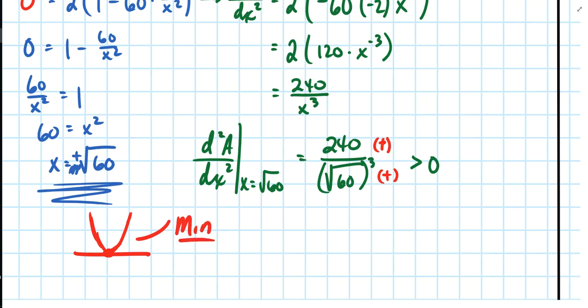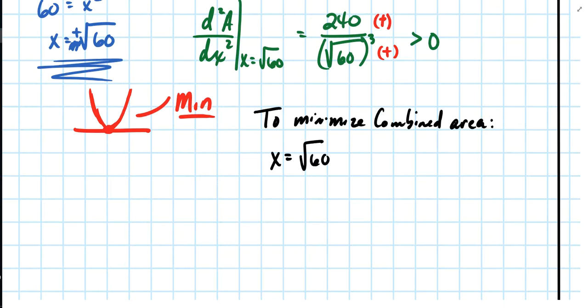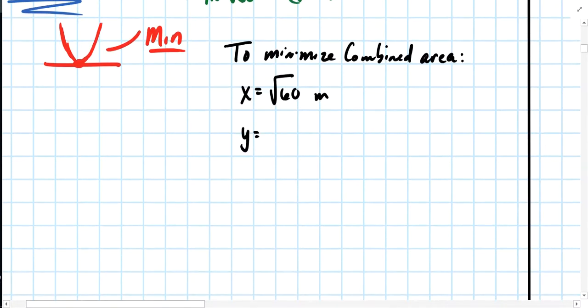And that's exactly what we were after. In order to minimize the area of this garden, or the combined area of the garden, x would have to be the square root of 60 meters in length, and y would have to be, and I'm going back up to my constraint here, y would have to be 30 divided by the square root of 60.